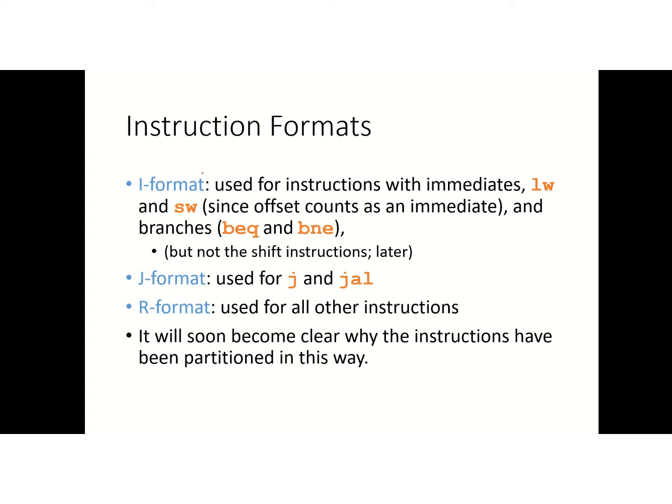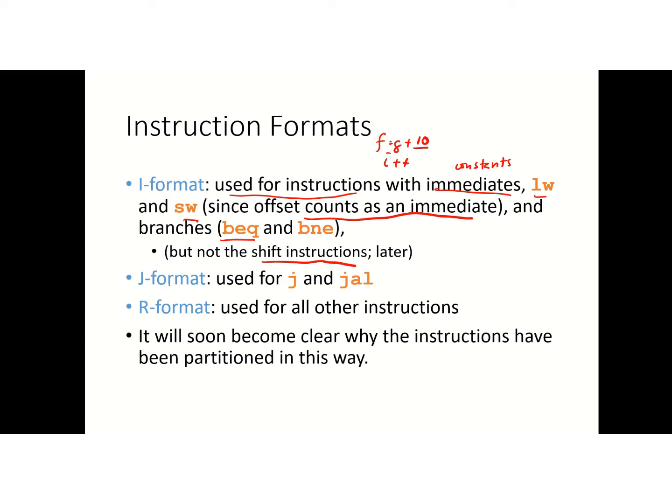Now, what is the usage of these formats? I format is used for instructions with immediates, such as f = g + 10, or i++. These are immediates, constants: a number in decimal or maybe hexadecimal can be considered an immediate. Load word and store word also use I format, since the offset counts as an immediate, and so do the branches, but not the shift instructions.